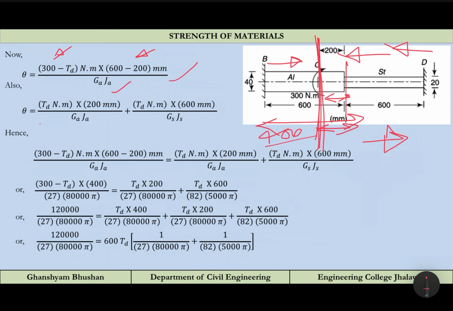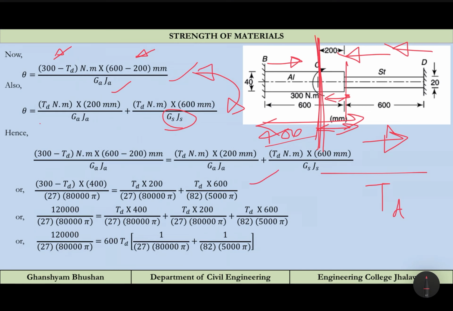So TD, because the torque will be the same throughout from this point till this point, torque is TD, and the length is 600 mm. Now the parameters for the steel section will be used. Equate these two quantities. Okay, so put all the values here.